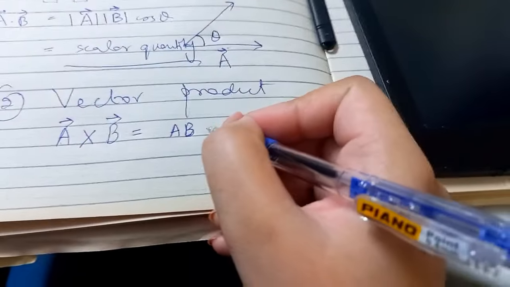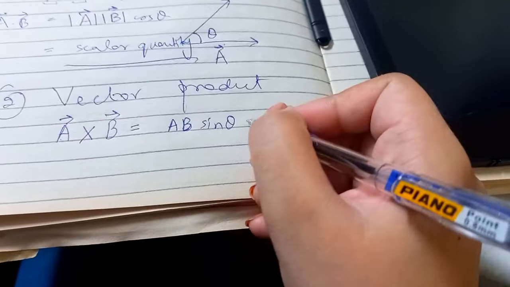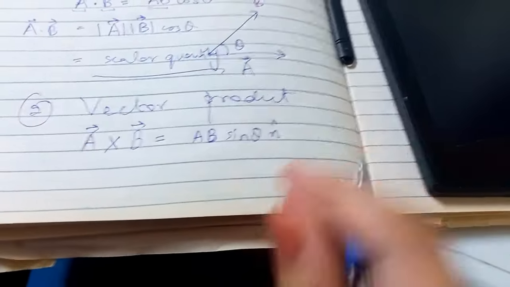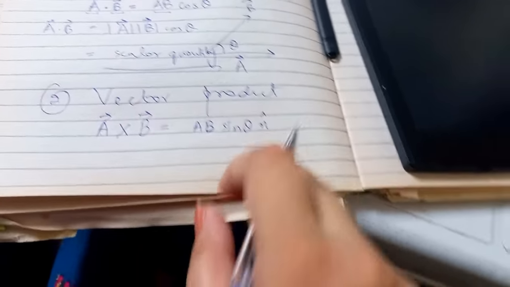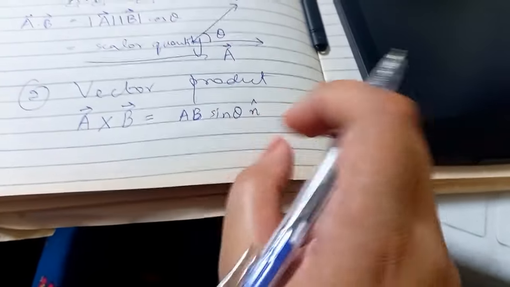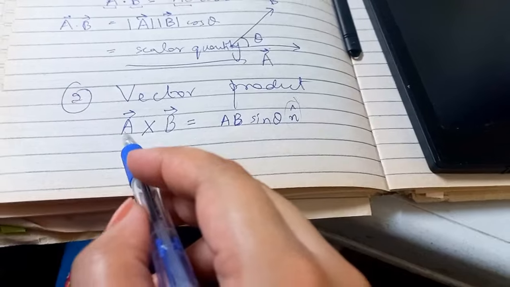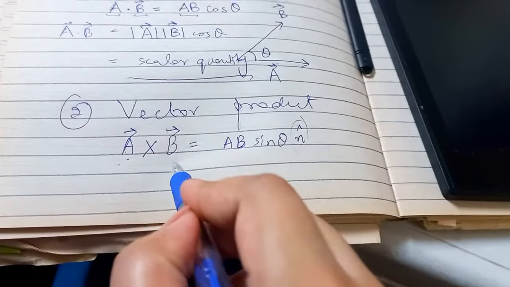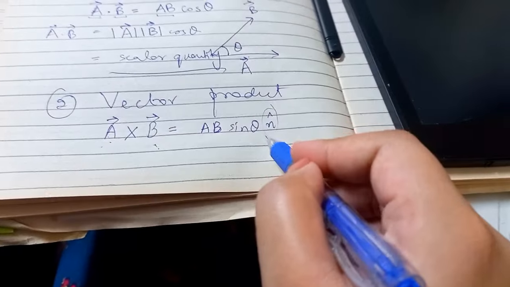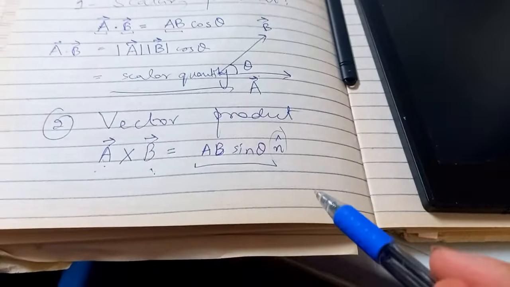So AB sine theta, where theta is the angle between A and B, multiplied by n hat, which is the vector showing the direction of the resultant vector, and this vector is perpendicular to both A and B. So the vector product results in a third vector.